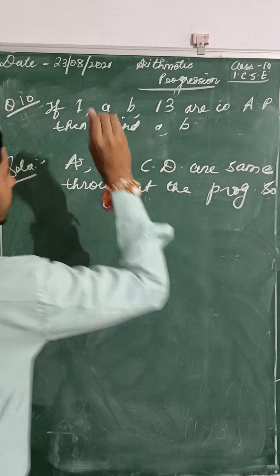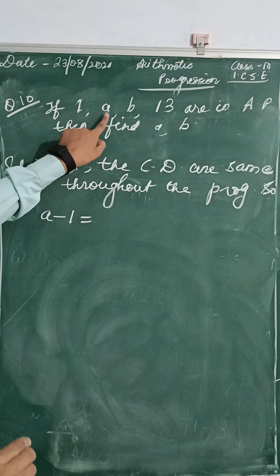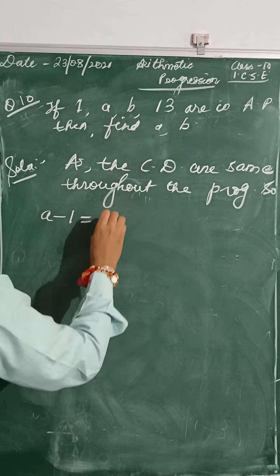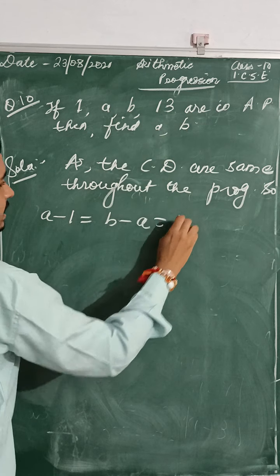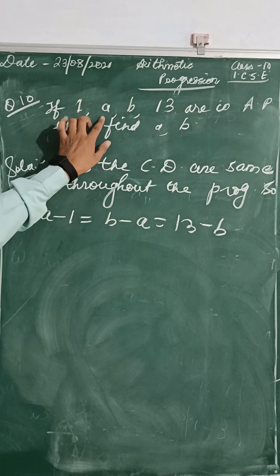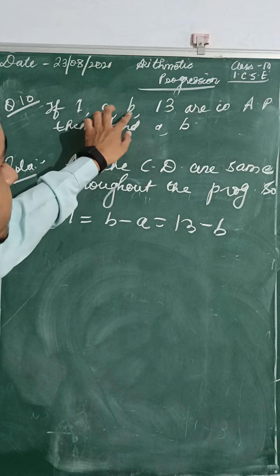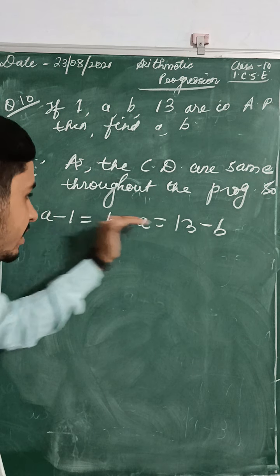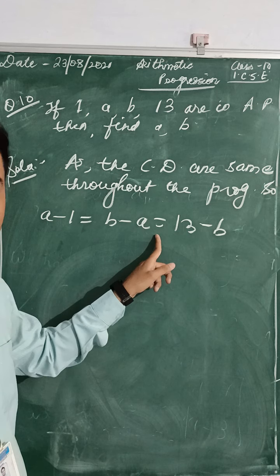So what can we write? Second term minus first term, a minus 1, is equal to third term minus second term, which is equivalent to fourth term minus third term. Can we write like this? Yes. Now we have two equalized things.